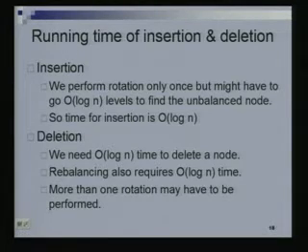You might require as many as order log n rotations, but each of those rotations takes only constant time. So the total time for all these rotations put together is only order log n, and we took order log n time to delete the node. So the total time required for the entire delete operation is still order log n.